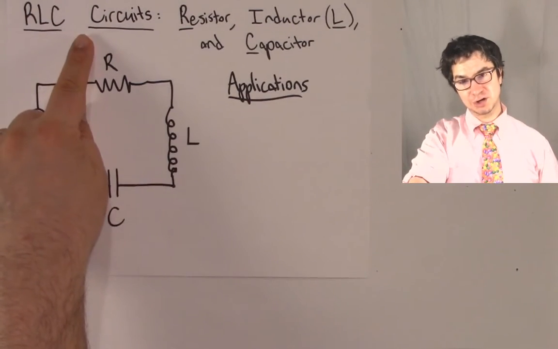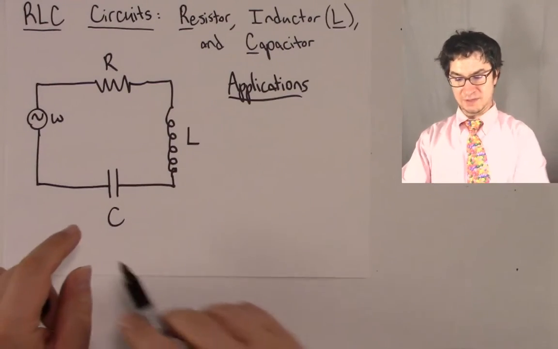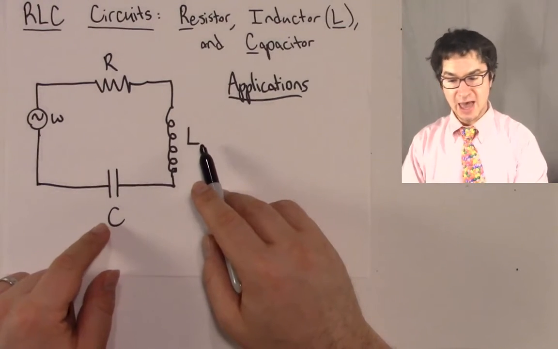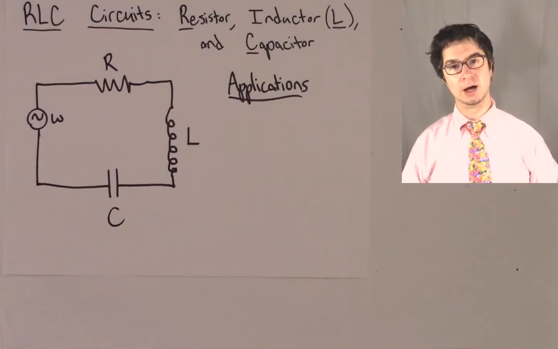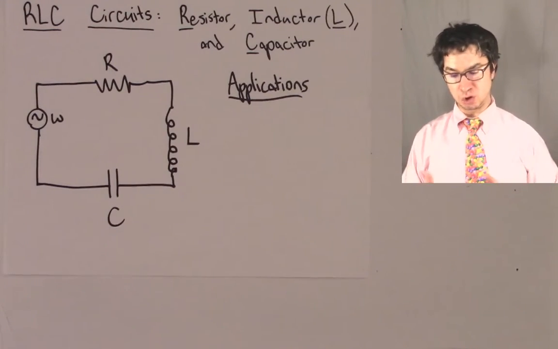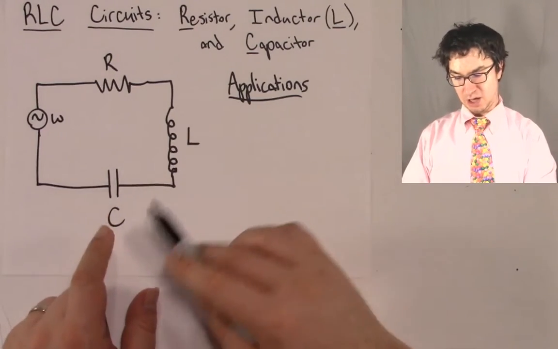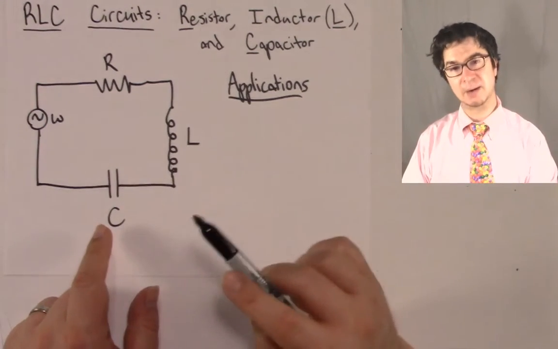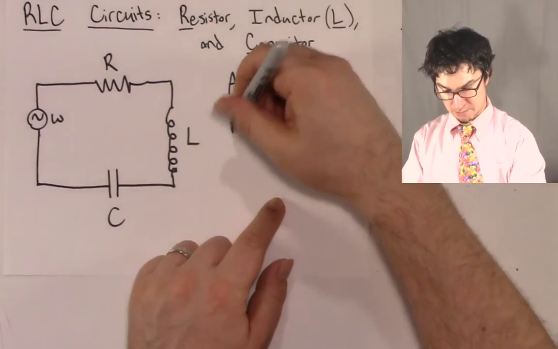The RLC circuit, as we're going to see coming up, is going to look at the capacitive reactance and the inductive reactance. And if there's metal inside the circuit, the magnetic field is going to adjust and change to the point where you might have balance between the inductive reactance and the capacitive reactance. So applications would be metal detectors.